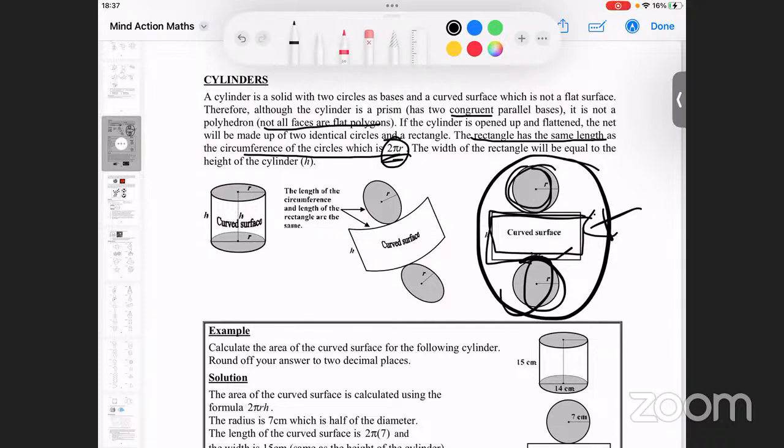And the width of the rectangle will be equal to the height of the cylinder, h, which is for height there. Are we still together, guys? Yes, ma'am.